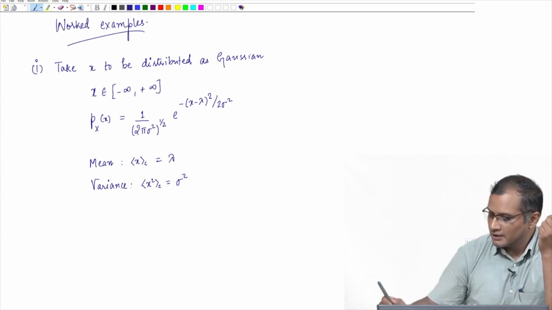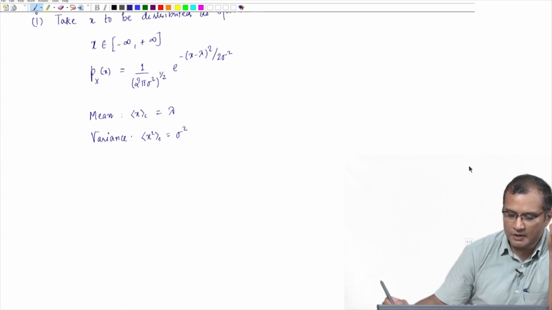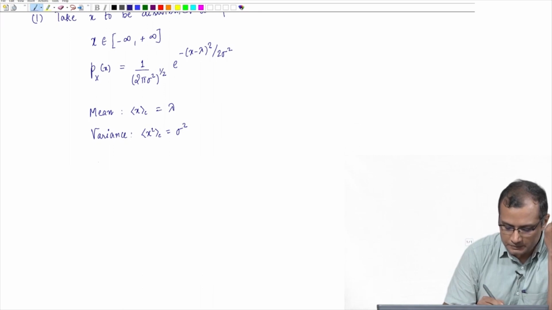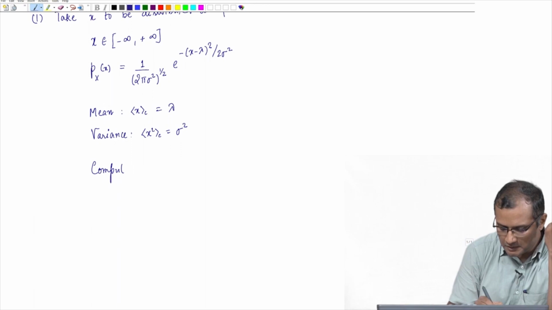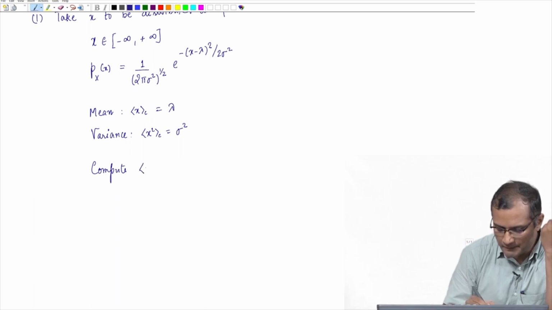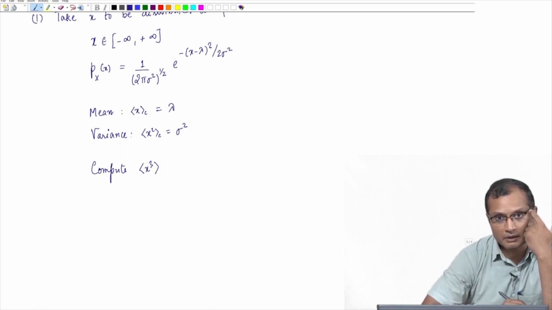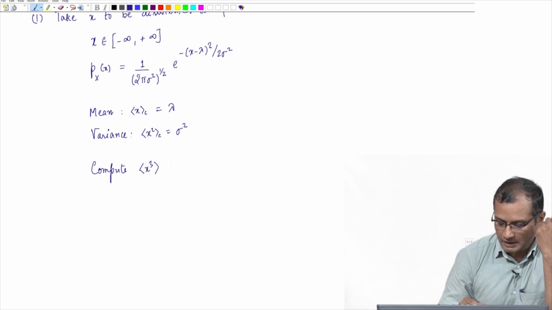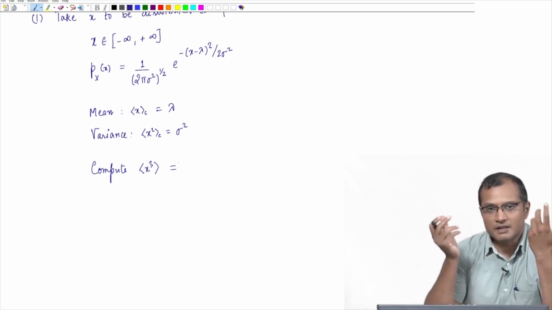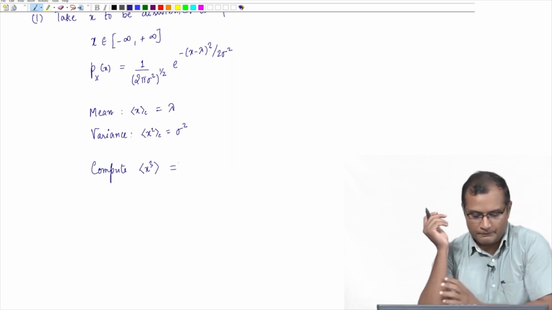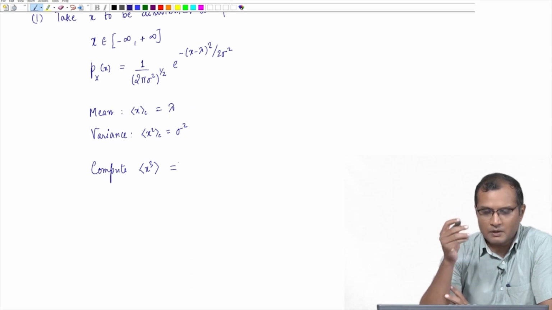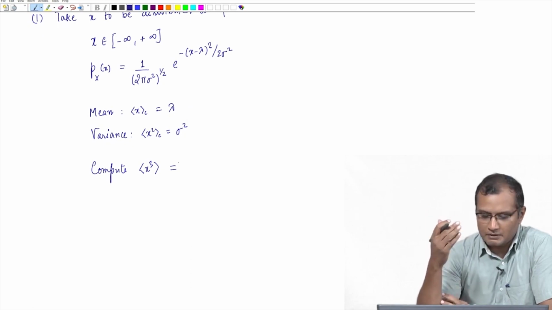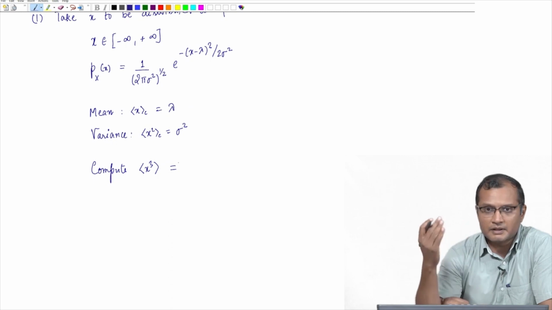All right. And if you are interested in computing the moments, let us say your task is to compute the third moment. Then there are three ways of doing it, at least three easy ways of doing it, but they all take different amounts of effort.